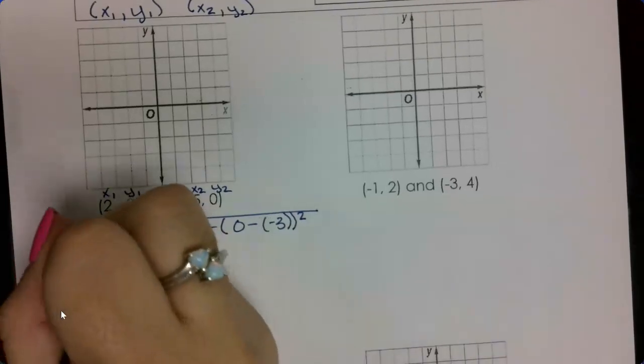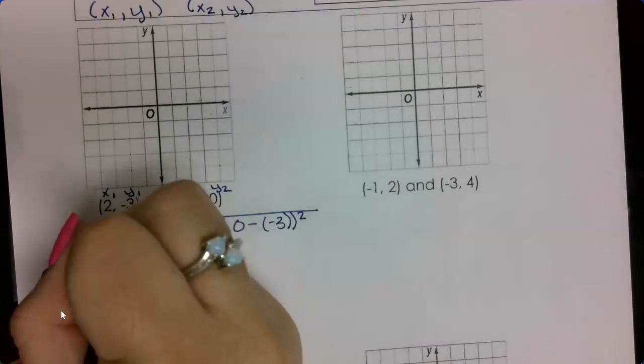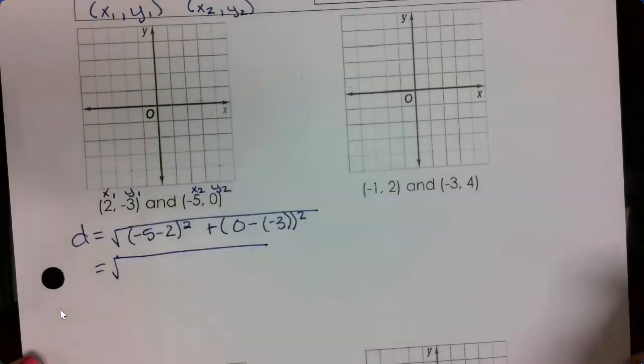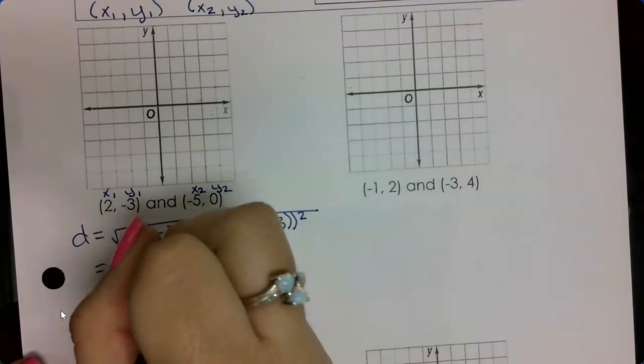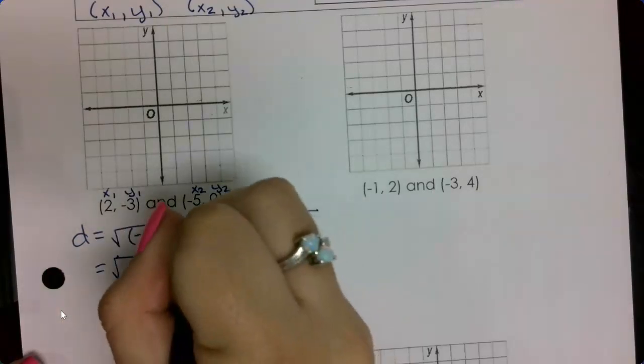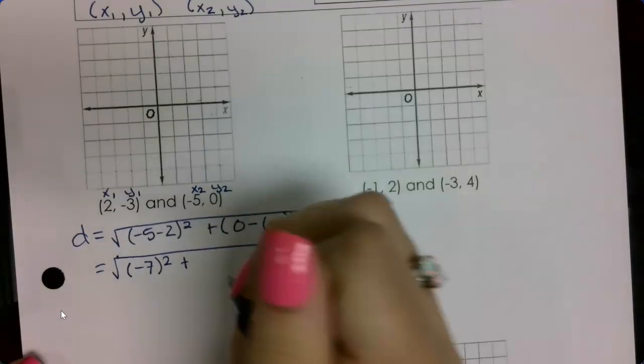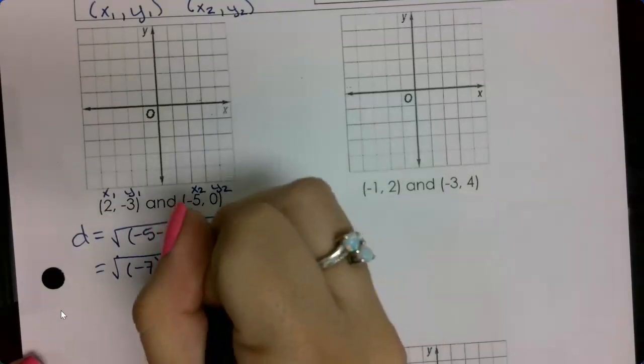So what is negative 5 minus 2? Negative 7. And then 0 minus negative 3? 3.